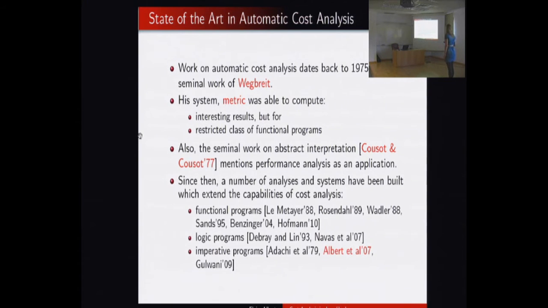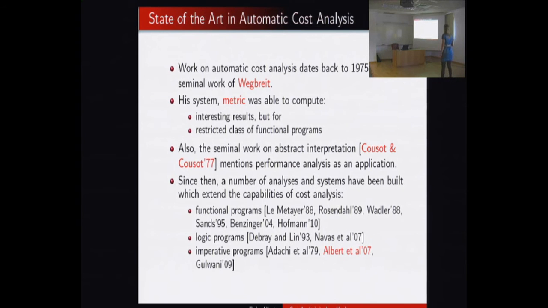And since then, we can say that a big number of analyses and systems have been built trying to extend the capabilities of cost analysis in one way or another. Initially most of the work was done in the context of declarative languages, with functional programming, trying to estimate the costs under different evaluation strategies and higher order functions.